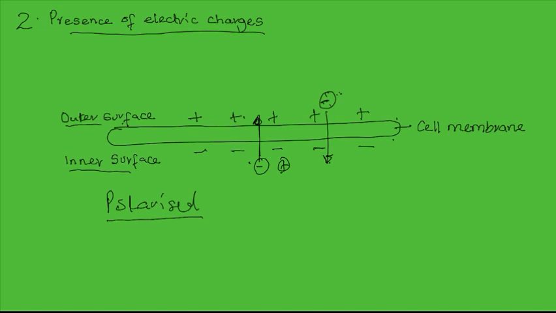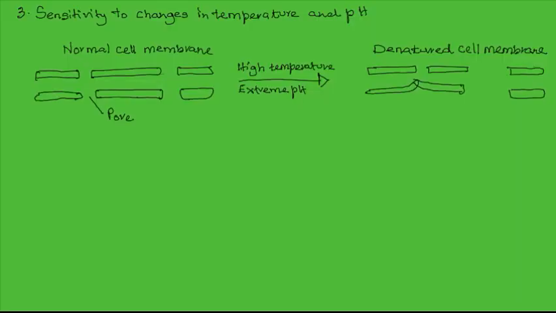The third property of the cell membrane is its sensitivity to changes in temperature and pH. Now, the proteins in the membrane function best within a particular range of temperature and pH.